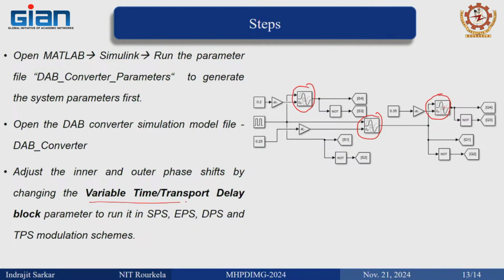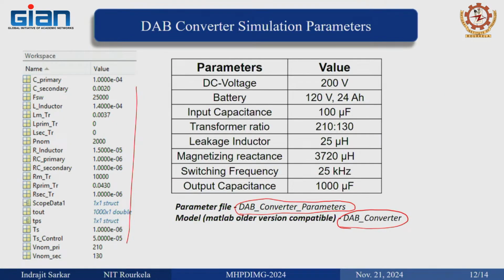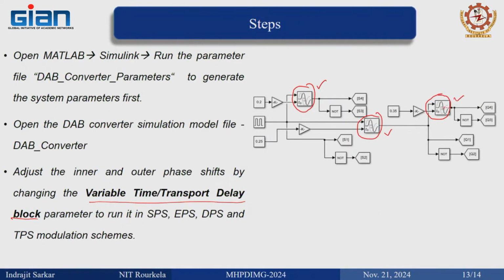The variable time transport delay blocks are there. By adjusting the angles and time delays here, you can adjust alpha 1, alpha 2 and alpha 3, and accordingly you can achieve SPS, EPS, DPS and TPS. The same simulation parameters are given, and this file will be shared.